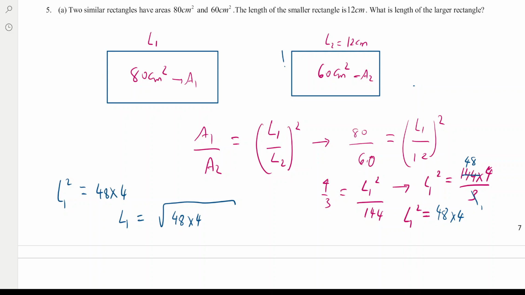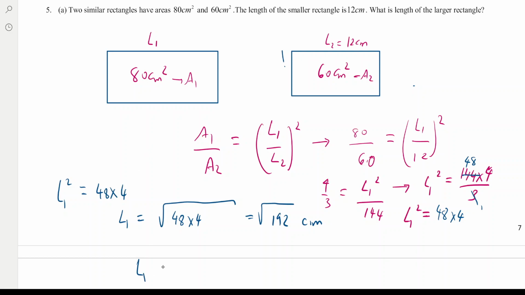The square root of 48 times 4, 48 times 4, you get 192. So you take the square root of 192, dear students, it will be in centimeter. Finding the square root of 192, we get 13.86.